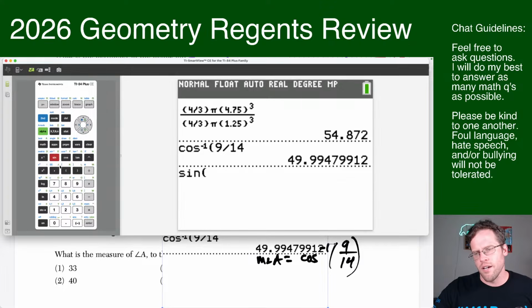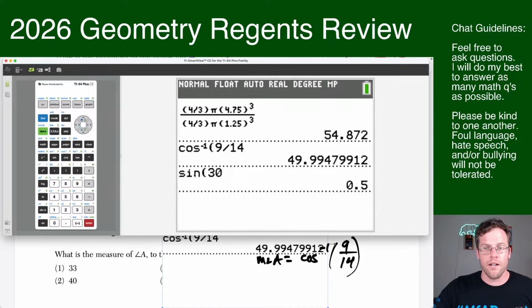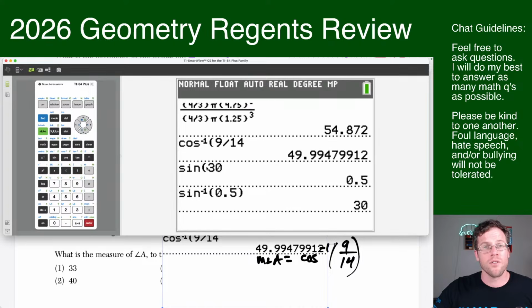Let's say I did sine of 30 degrees is a half. So when I do sine, cosine, tangent, you do angles. Sine of an angle gives me a ratio. But when I do the opposite, sine inverse of the ratio 1/2 or 0.5, it brings me back to the angle 30. So the inverse trig functions tell you the angles.